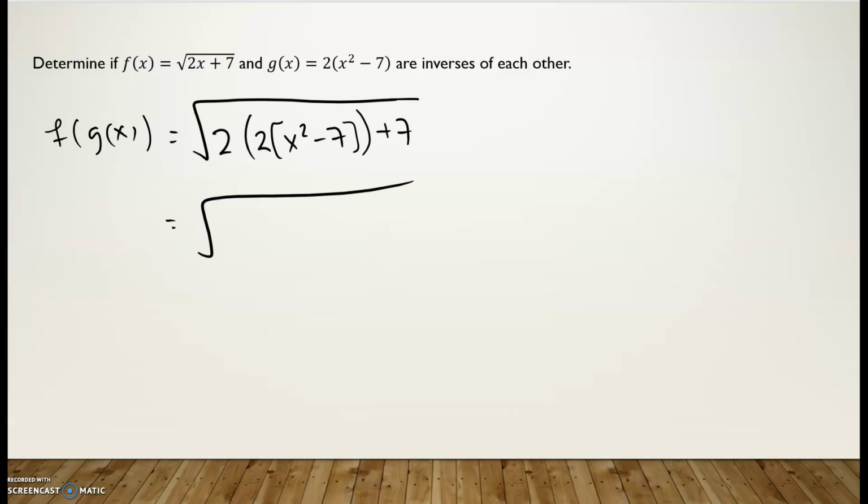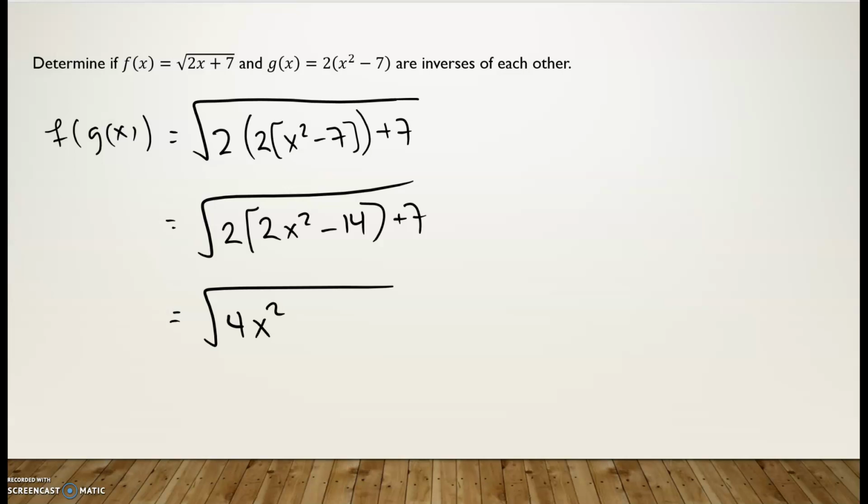Okay, so I have 2x squared minus 14 plus 7. Okay, so now I have 4x squared, and then I have minus 28 plus 7, and then 4x squared, and then negative 28 plus 7, negative 21.